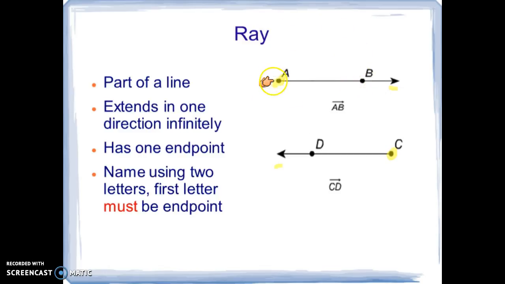So for this one, we would label this ray AB. What's important is that we cannot label it ray BA. You have to name it with the first letter in the name as its endpoint. And down here, this would be ray CD. So again, they go infinite in one direction, have one endpoint, and we label it with the endpoint first, and then some other point that is on the ray.